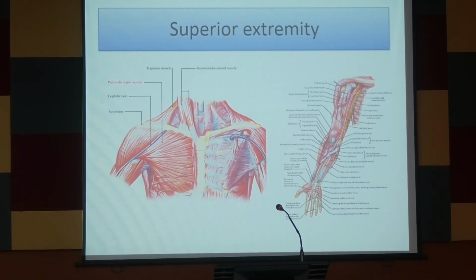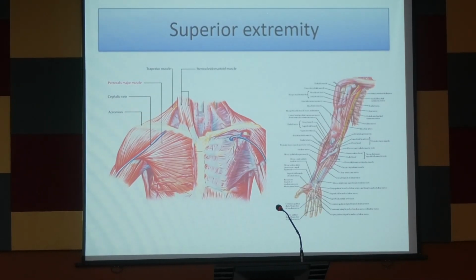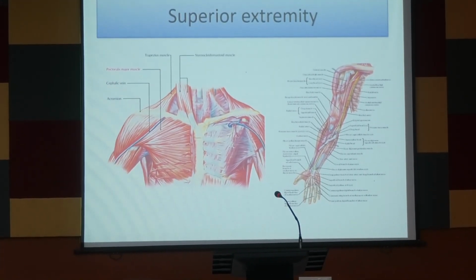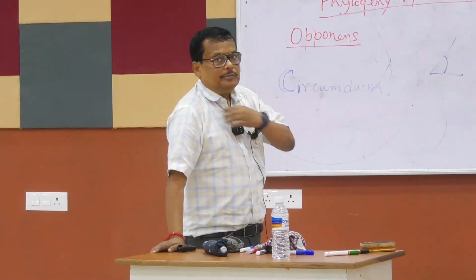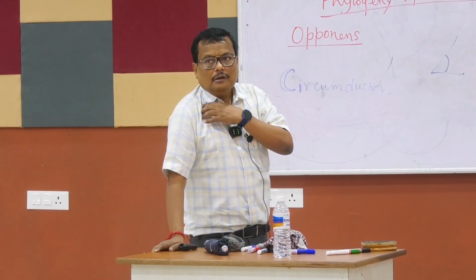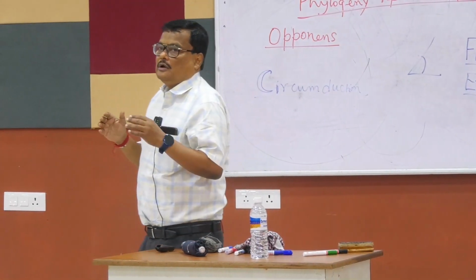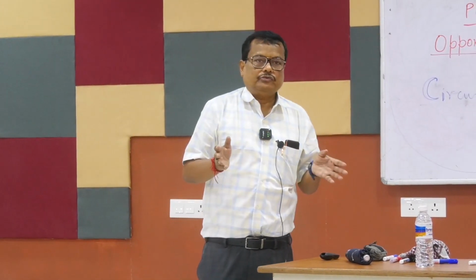Superior extremity, we start our dissection and our parts with the superior extremity. This is the superior extremity. Any extremity consists of skin, bones, fascia, muscles, nerves, veins, lymphatics, etc. Right?